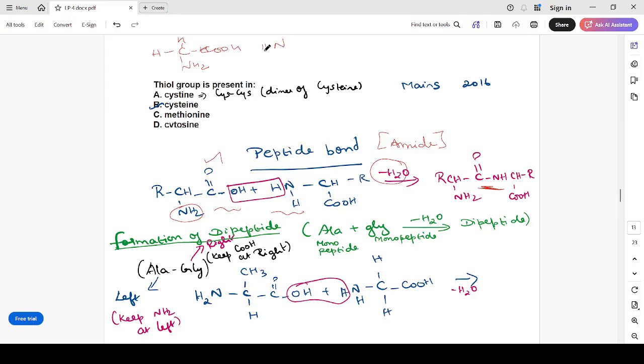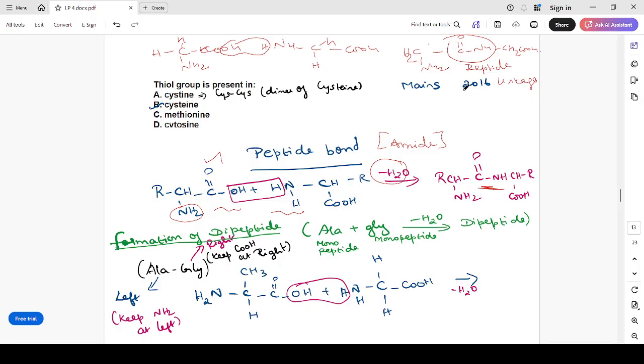Glycine is reacting with its own. Remove water. So what do you form? CH2, NH2, CO, NH, CH2, COOH. We are able to see the amide has got formed. This is called peptide. This linkage is called as peptide linkage.